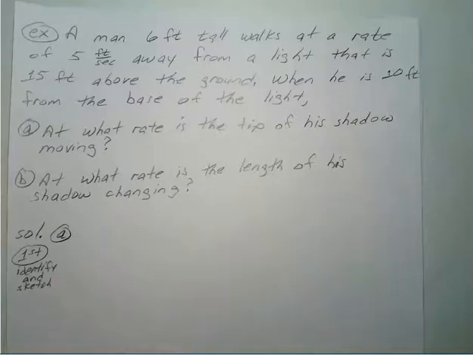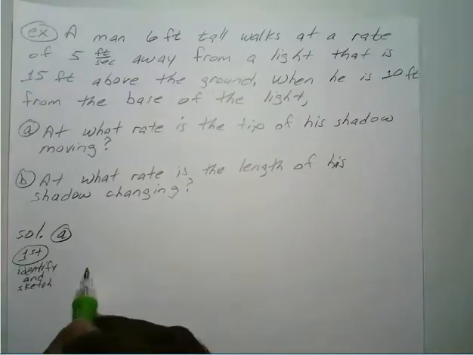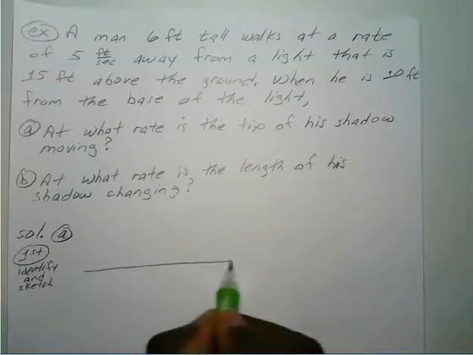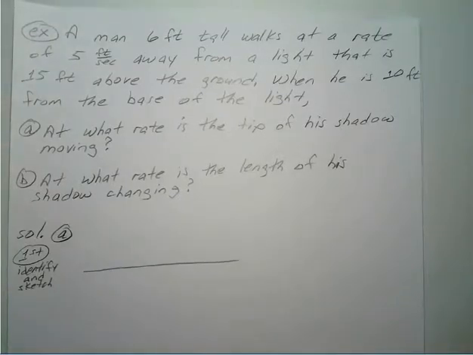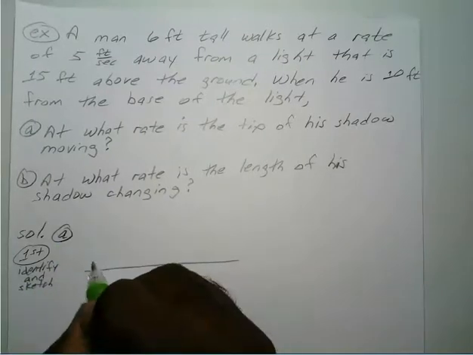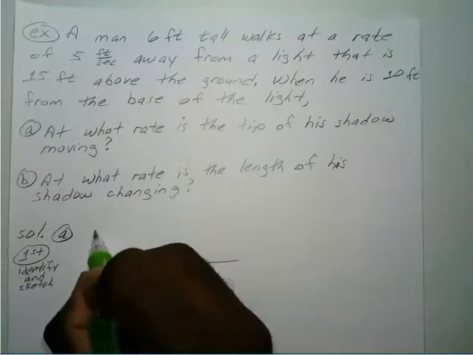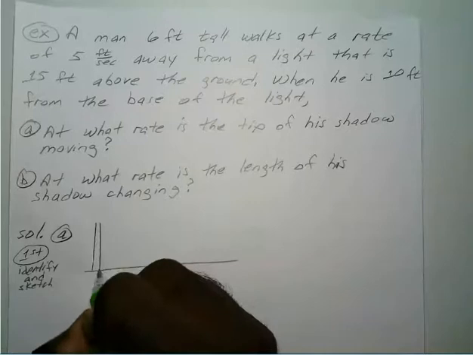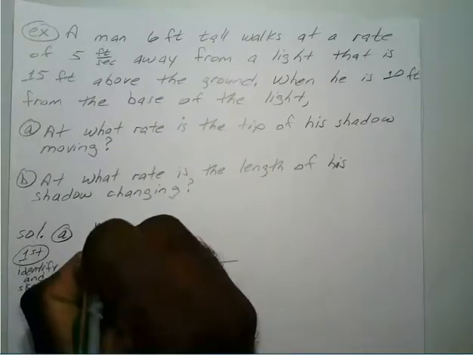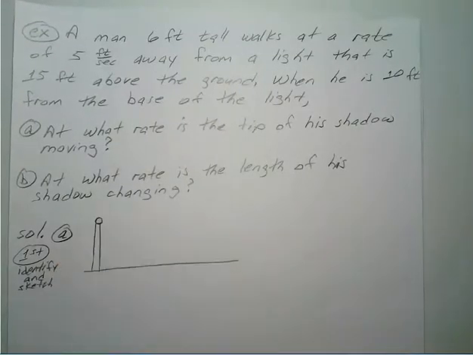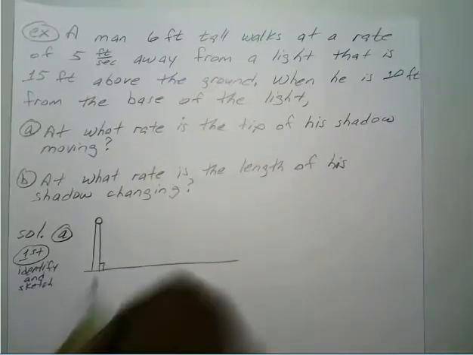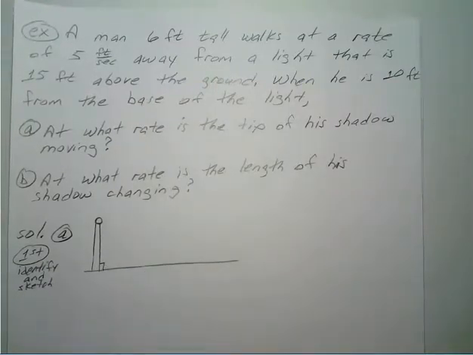All right, so now you get to marvel at my artistic skills. Okay, so let's say this is your light that is 15 feet off the ground, and of course we're assuming it's straight up, so it's a right angle.